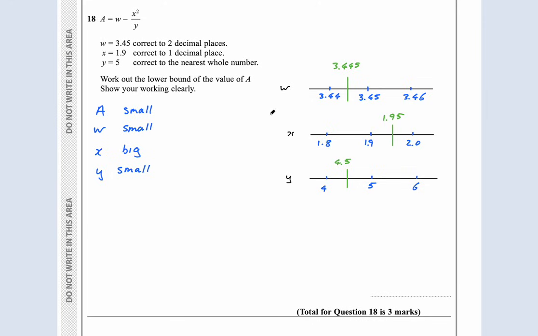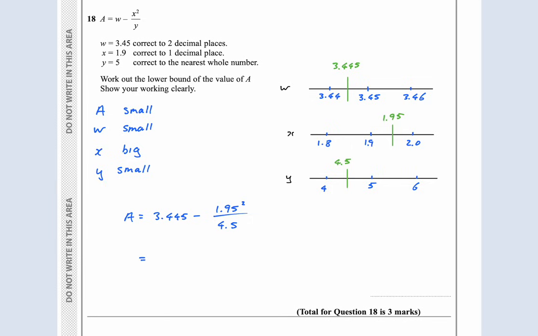Okay, then I get these values and sub them into A. So A is equal to w, this 3.445, minus x squared, which is 1.95 squared, over y, which is 4.5.